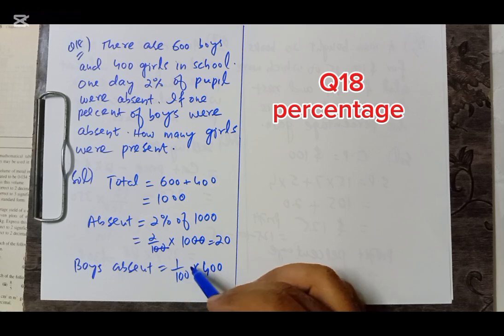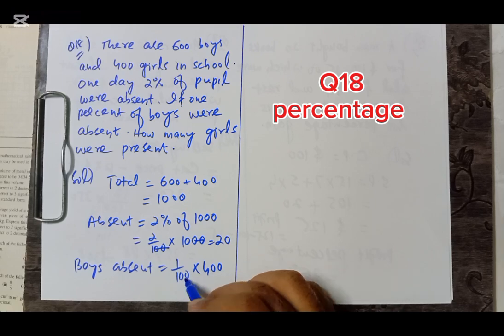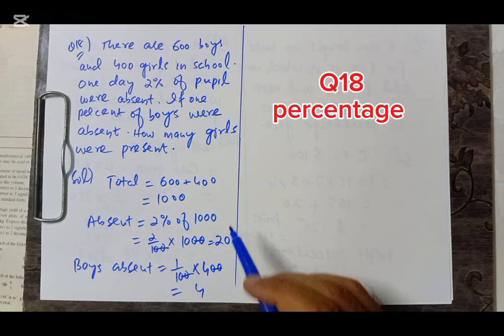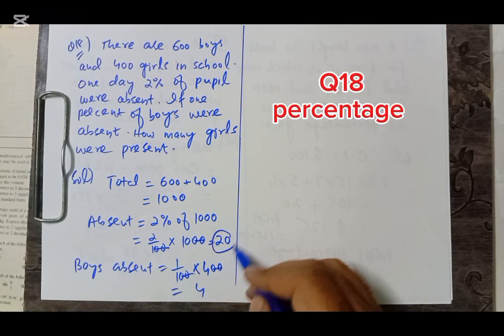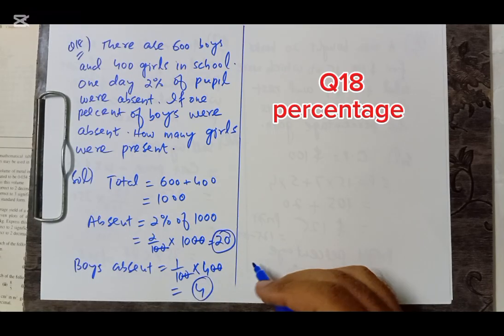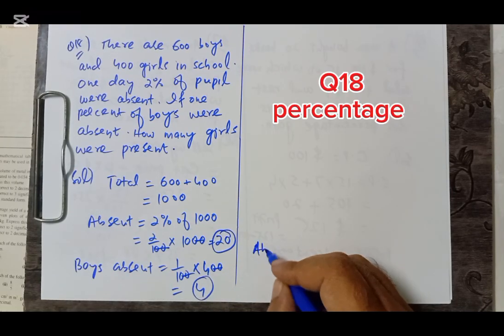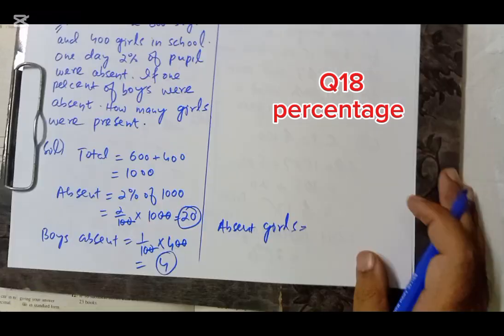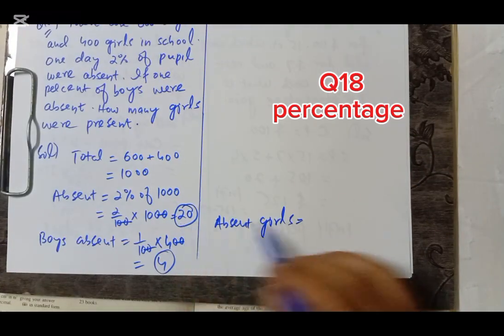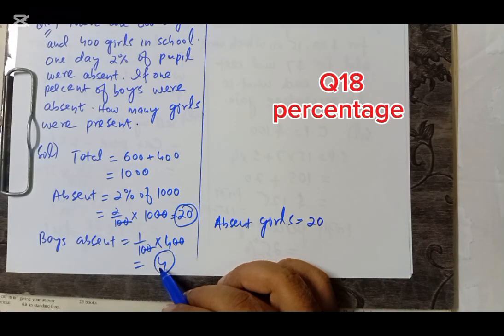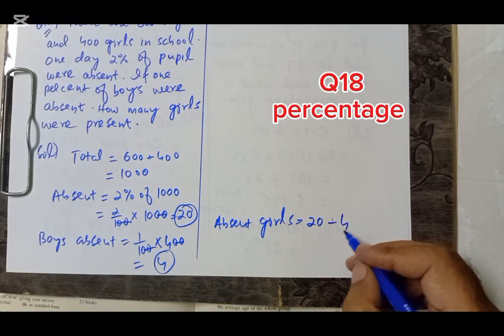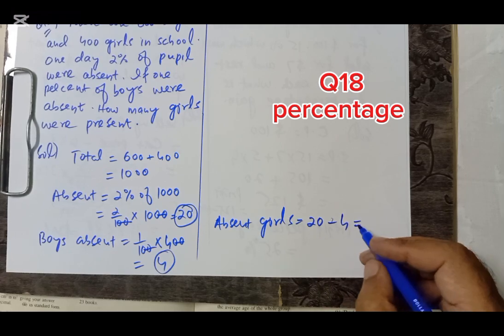So 1% of boys is 1 upon 100 into 400, that will give 4. So 4 boys are absent, but total absent students are 20. So absent girls will be total absent students, that is 20, minus total absent boys 4, which gives 16.